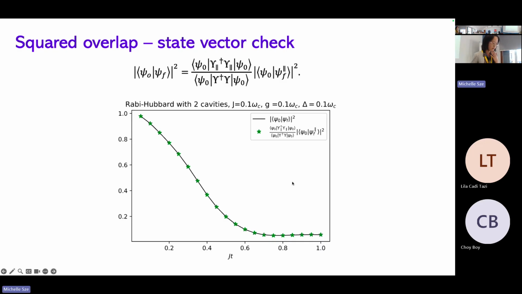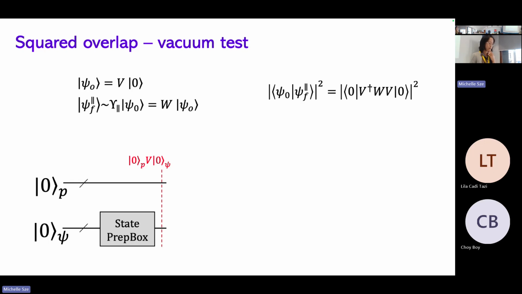Okay, so before proceeding, I would just like to include the circuit that I used to get the squared overlap. So we're only taking the squared overlap of the initial state and then this reduced LCU, epsilon parallel operator acting on the synod.